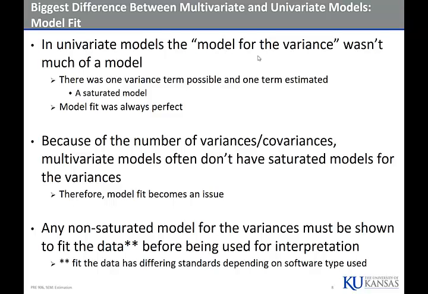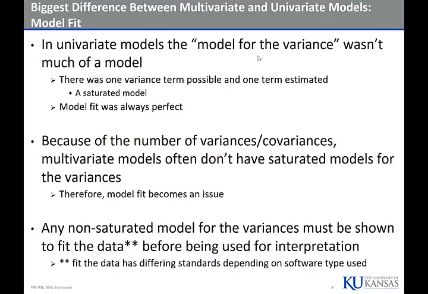Model fit's an issue particularly because we have to have all these variances and covariances. The covariance matrix gets in the way. So we have to find a good structure that balances the number of parameters with the fit of the data. Any non-saturated model, any model where we don't estimate all the parameters, needs to be checked.